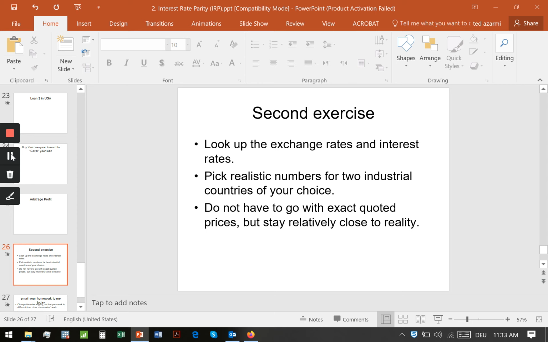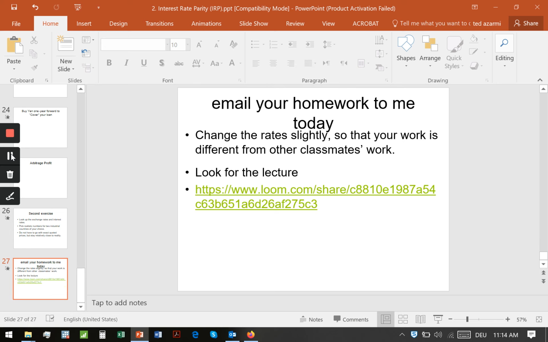Our second exercise is more real world. It says look up the exchange rate and interest rates from the internet for two countries. Pick realistic numbers for two industrial countries of your choice. You do not have to go with exact quoted prices, but stay relatively close to reality, and then see if interest rate parity holds. Change the rates slightly so that your work is different from your classmates' work.